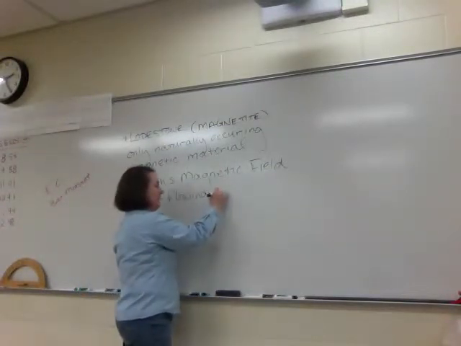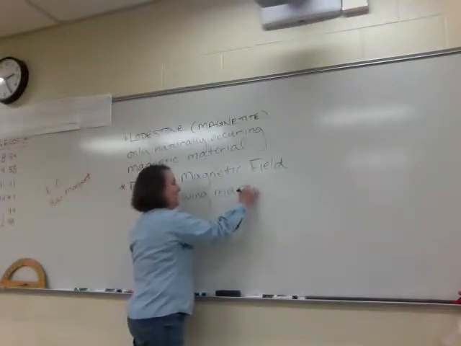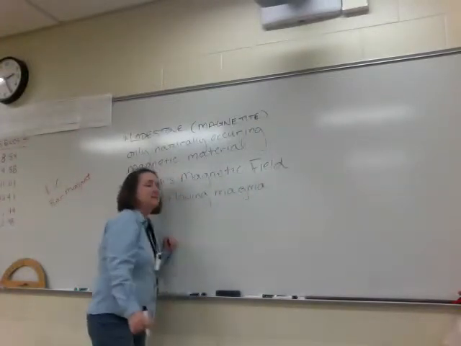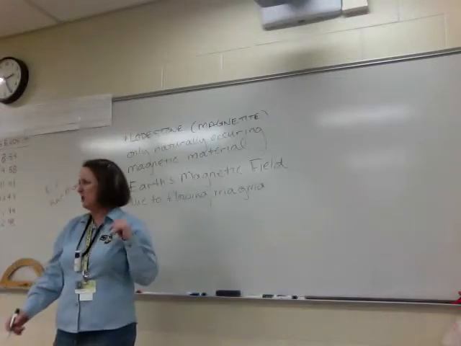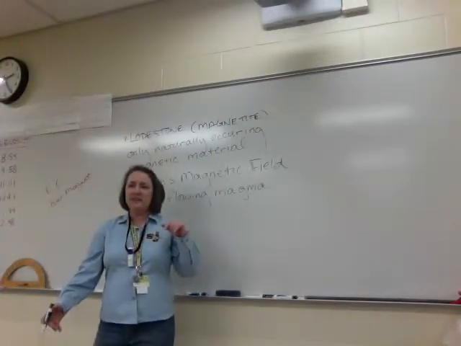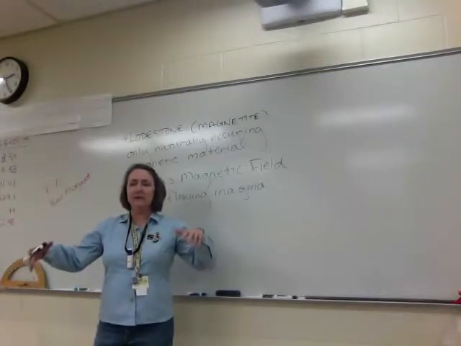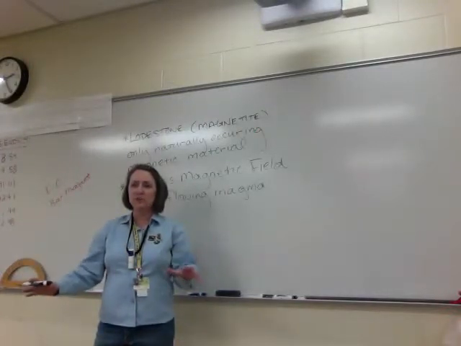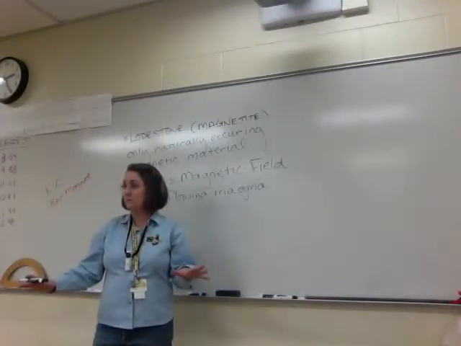Outside versus inside. Yeah, they think it's due to flowing magma, which has a bunch of iron in it. So let's say that somehow magically the Earth's magnetic field just shut off. What would happen?